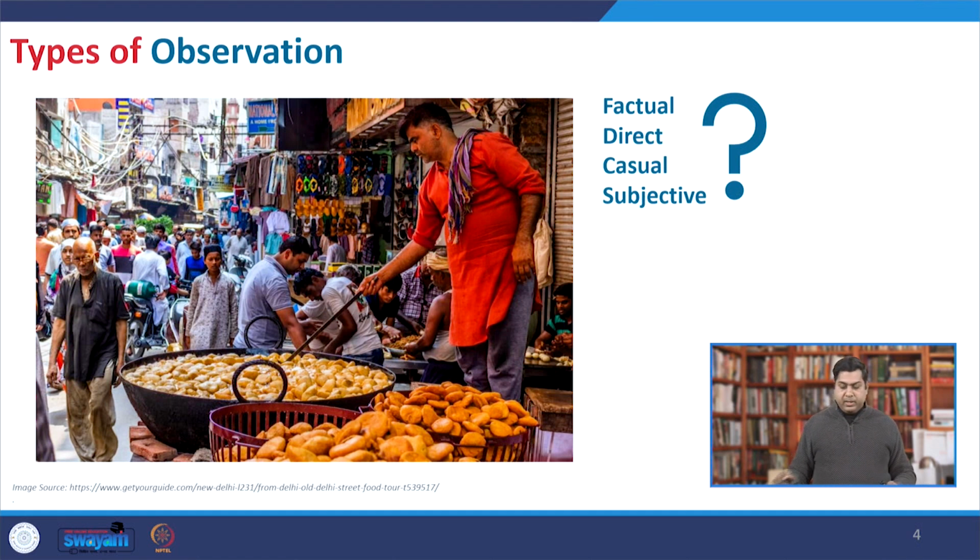Say for example, it may be a factual observation, that the fact is within this photograph I just want to count the number of people in that particular limited road width which I know. So, I can count how many persons are there within this particular space. So, I try to calculate some kind of pedestrian density in this particular space.